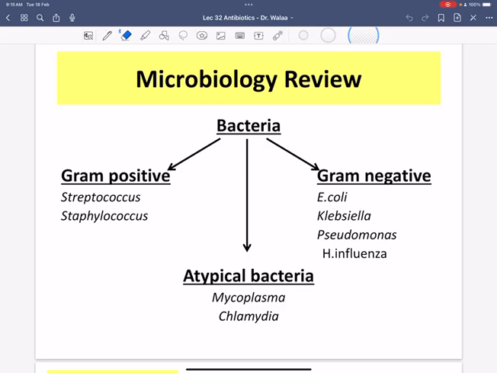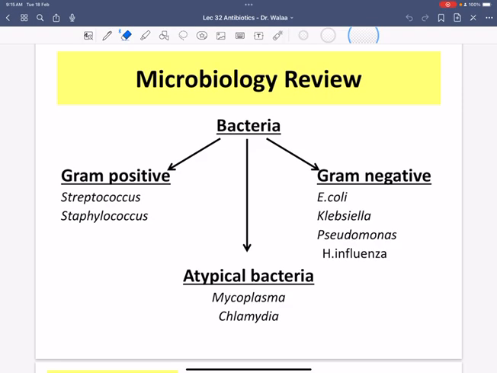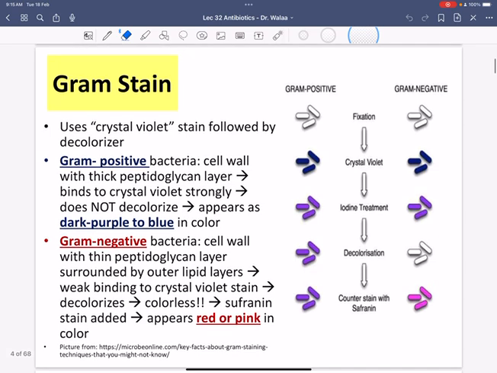Gram stain: when we suspect a bacterial overgrowth, we need to identify the microorganism we're dealing with, because our treatment has to be directed towards specific bacterial characteristics, okay? The first step into identifying the bacteria is to identify its gram stain. This tells us whether this is a gram-positive bacteria or a gram-negative bacteria, okay?